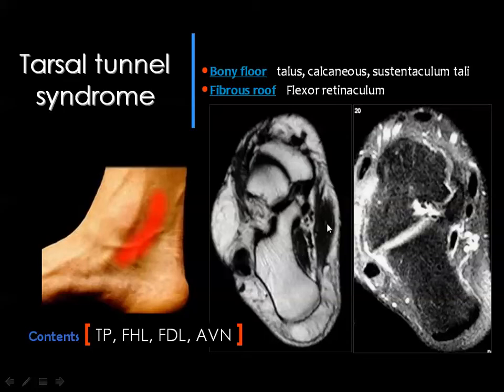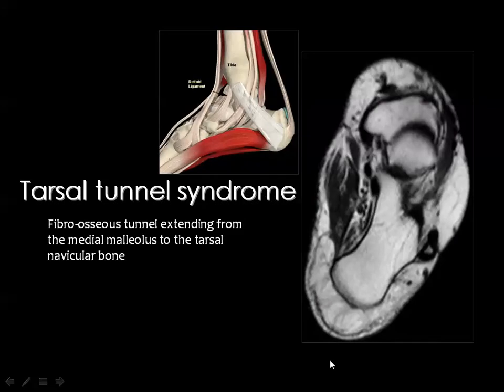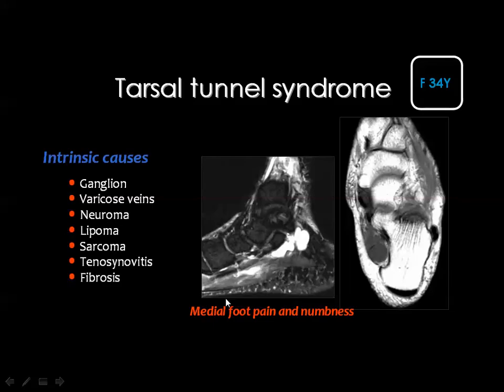This is the ABH, or abductor hallucis, and this is quadratus plantae. And this is the flexor retinaculum covering the flexor tendons running through the tarsal tunnel together with the neurovascular bundle.